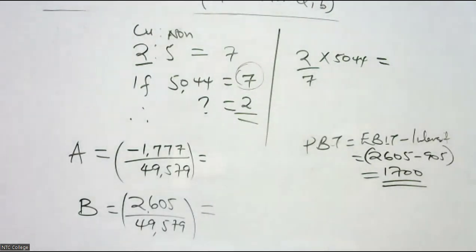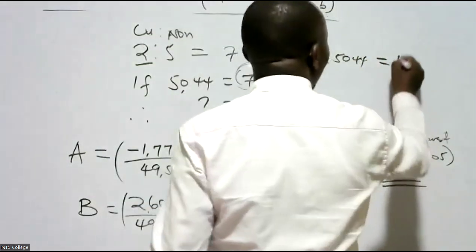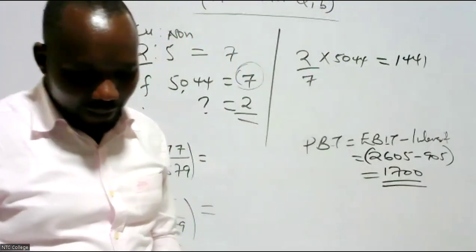Get me the figure. What are you getting? 1441. So that is the current liability.